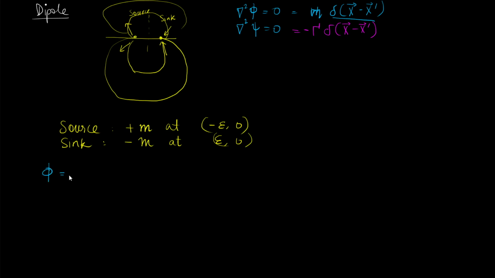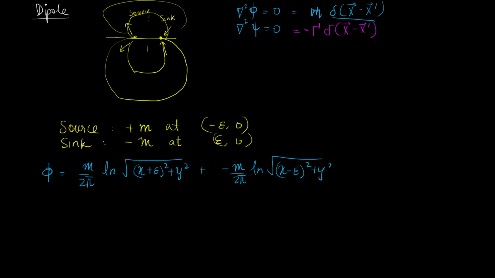So the solution for the velocity potential is m upon 2 pi ln square root of x plus epsilon whole square plus y square, plus minus m upon 2 pi ln square root of x minus epsilon whole square plus y square. So this comprises the solution. So this is called the velocity potential for a doublet.